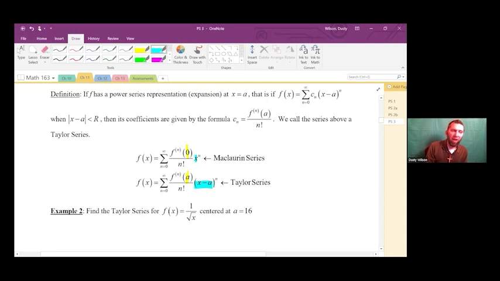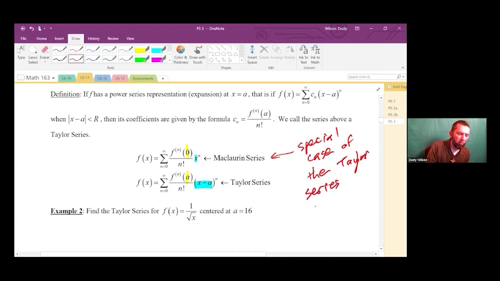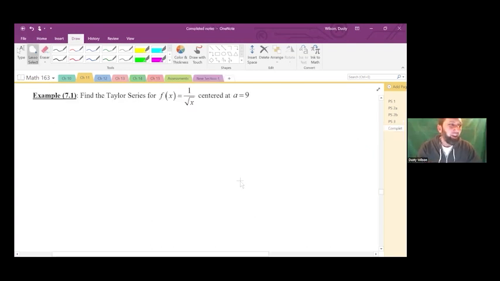Notice when x equals a, the center of that series, this would evaluate to a minus a raised to the n, or 0 to the n. So in truth, the Maclaurin series is actually a special case of the Taylor series when a equals 0.